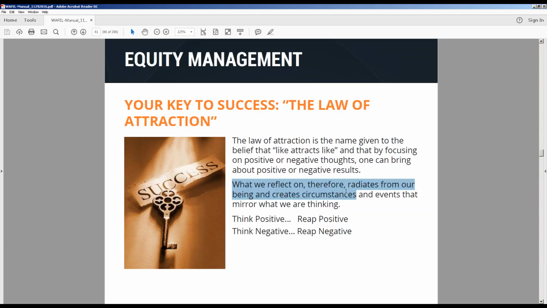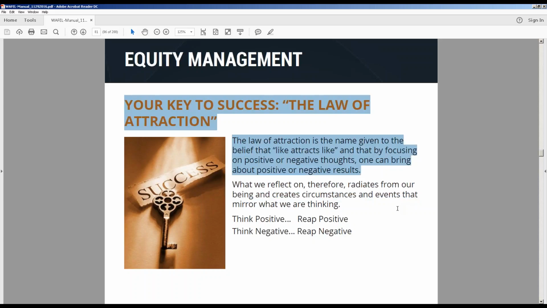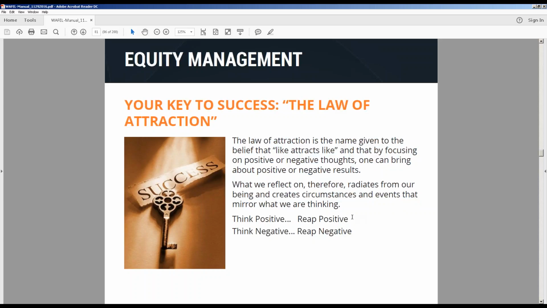What we reflect on, therefore, radiates from our being and creates circumstances and events that mirror what we are thinking. So if you think positive, you will reap positive. If you think negative, you'll reap negative. Has anybody ever read The Power of Now? That is such a profound book, The Power of Now. If you haven't, then I suggest you go and get that book.